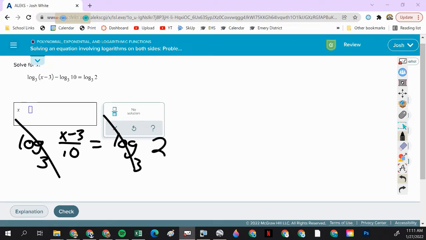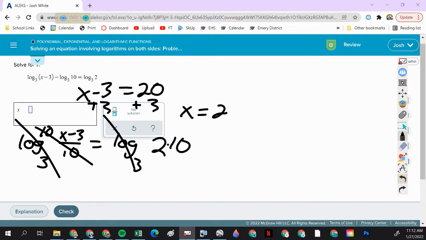Drop the logs, times by 10. So x minus 3 equals 20. Add the 3, and I get x equals 23. What should I do with 23? Plug it in. Is 23 okay? Yes. So we're good.